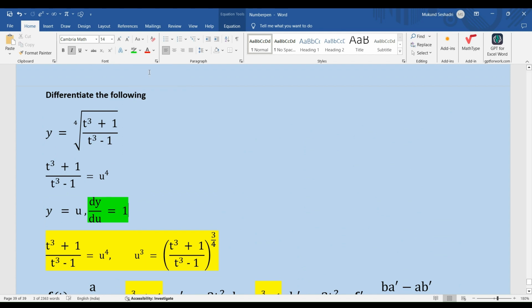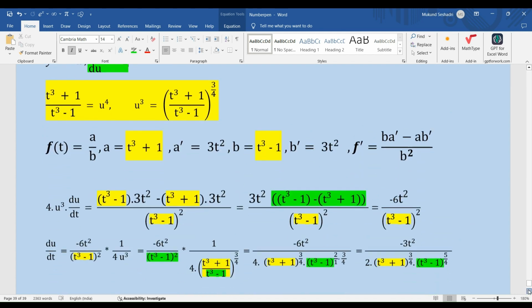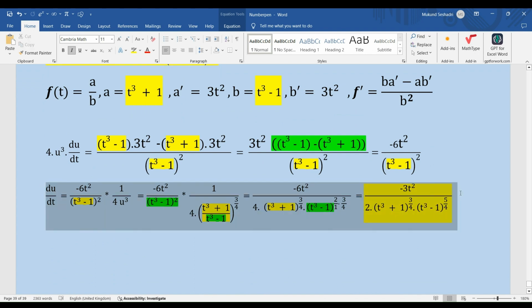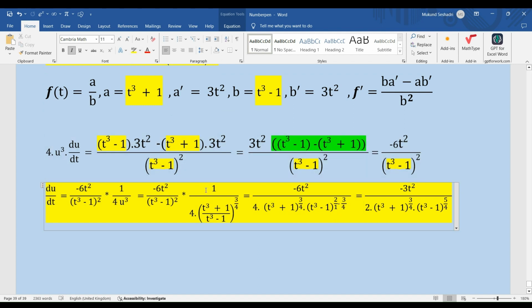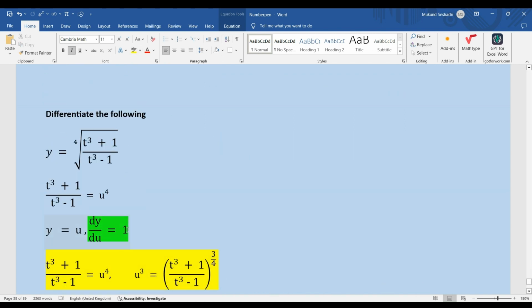My dy by du is equal to 1. My du by dt is this expression that we have, and let us now change the color to yellow. So my du by dt looks pretty complex. This is the final answer that I have, and my dy by du equals 1.